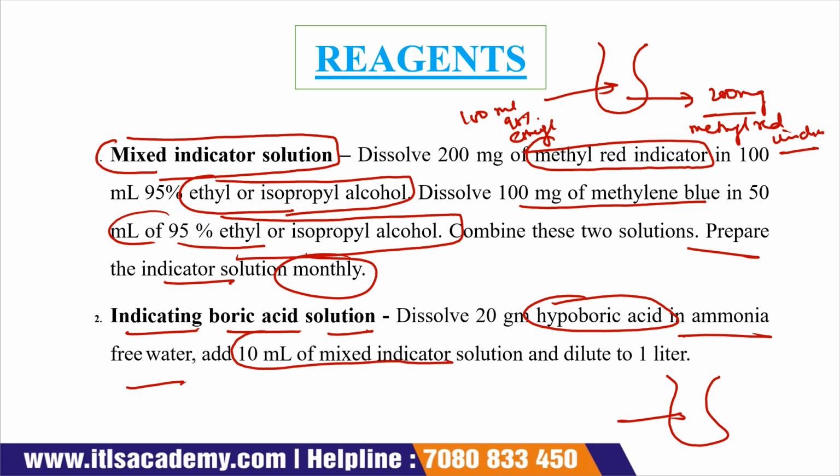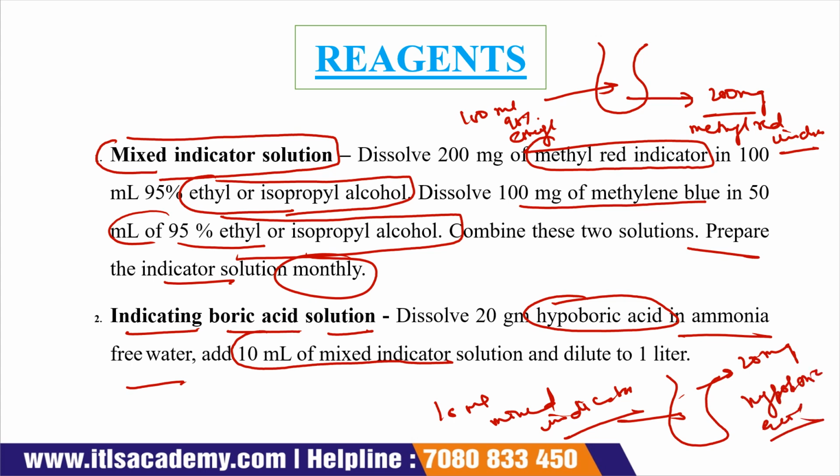In this conical flask, first of all we add 10 ml of mixed indicator. Now into it we are going to add 20 milligram of boric acid in ammonia free water. When this dissolves into the mixed indicator, then we dilute it with 1 liter of water.